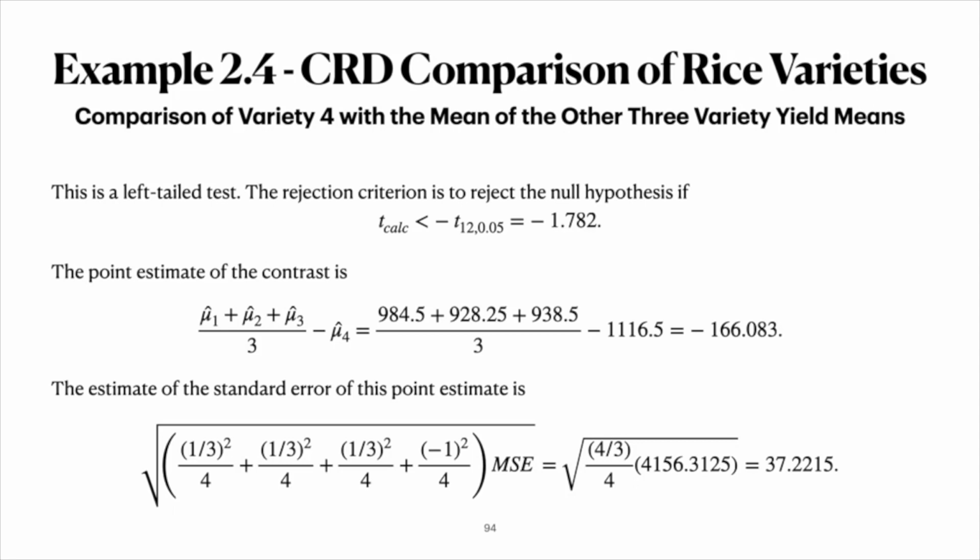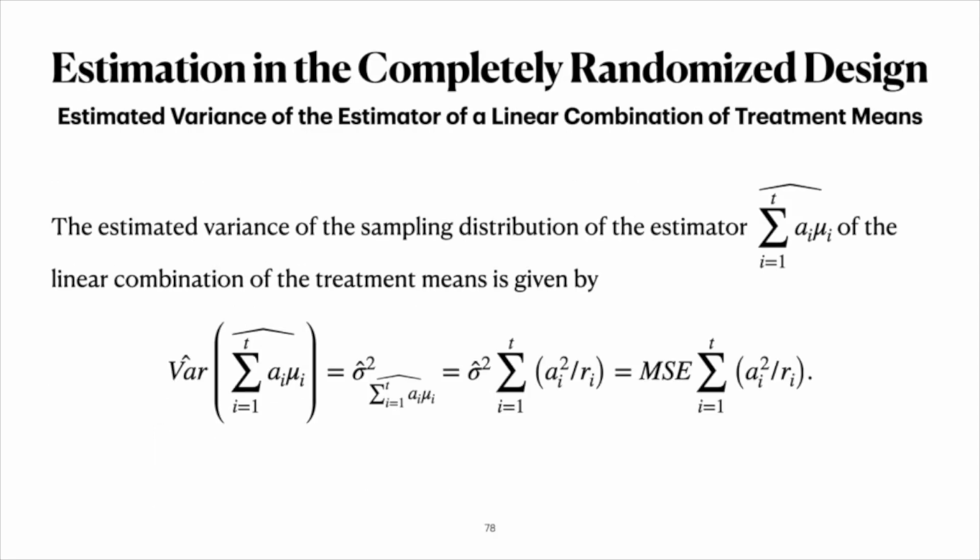If we go back and take a quick look at the formula for the estimated variance and the estimated standard error of a linear combination of treatment means, we see that this is the formula for the estimated variance for this point estimate of the linear combination.